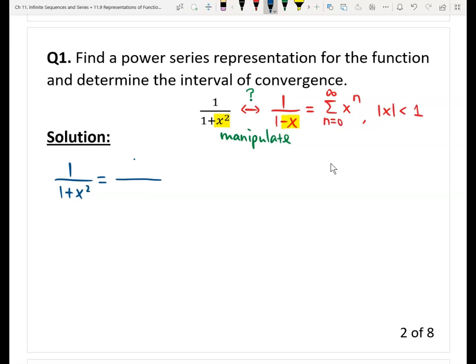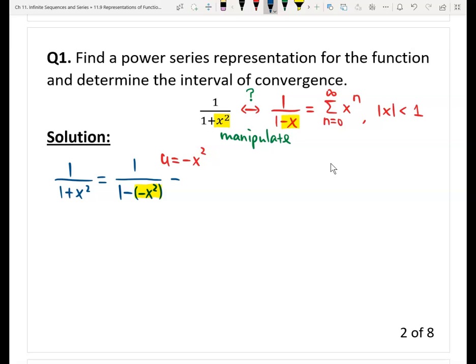We can write 1 over 1 minus negative x squared. That is the same? Yes, of course. And then we see this is x, or we say this is u. If I put u as negative x squared, what do we have? We will definitely have 1 over 1 minus u, right?